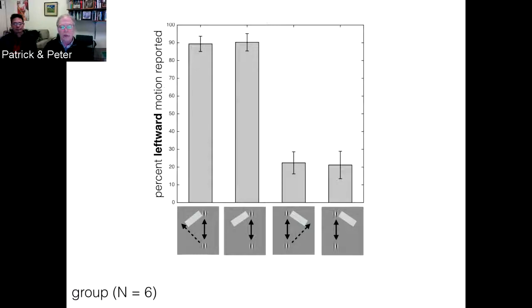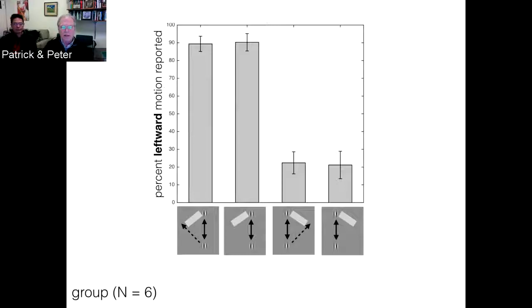The illusion is either present, that's the leftmost bar, or not present, that's the next bar over. And the vertical axis is the percent leftward motion reported. Now notice the flashed bar is aligned to the offset of the up and down Gabor, where it turned off.